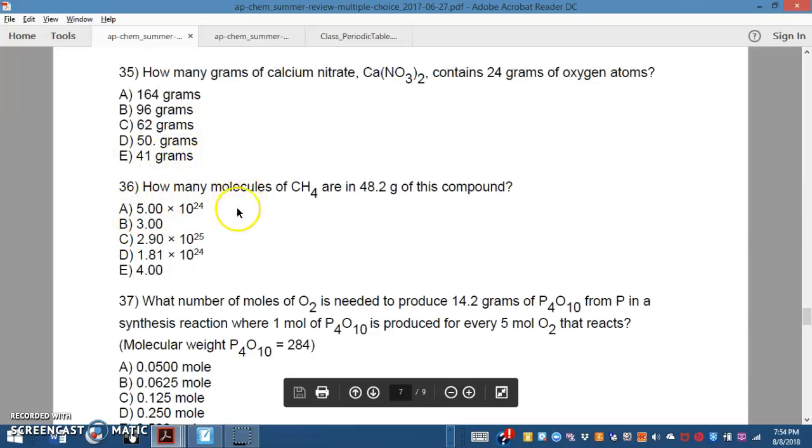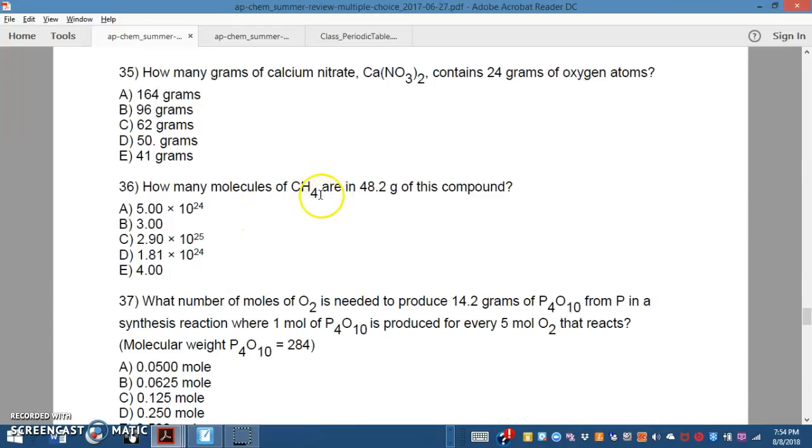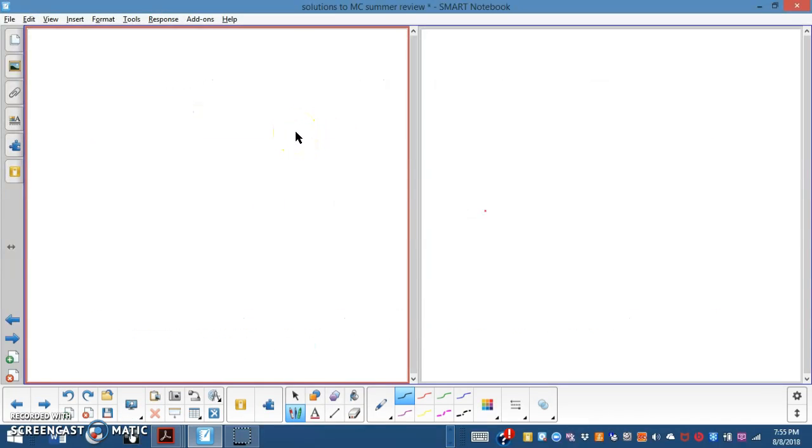Now for problem 36: how many molecules of methane are contained in 48.2 grams of this compound? Well, that's really simple. You have your methane, CH4, and you want to go to molecules at the end, starting with 48.2 grams of methane.